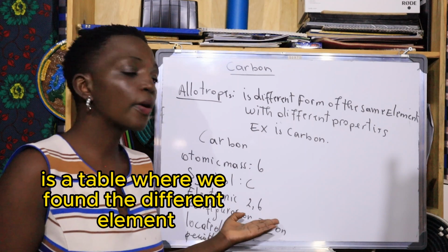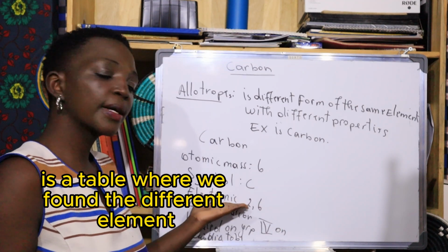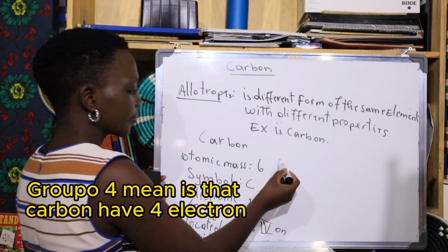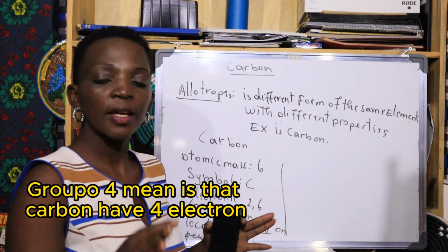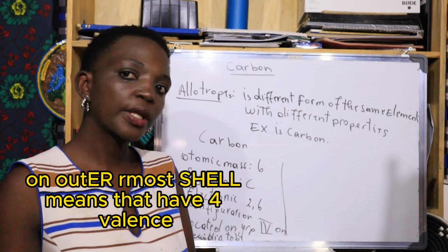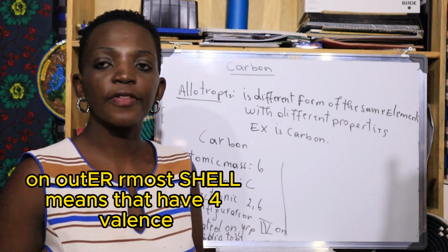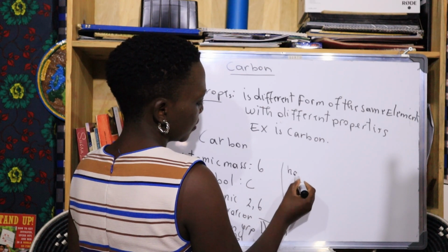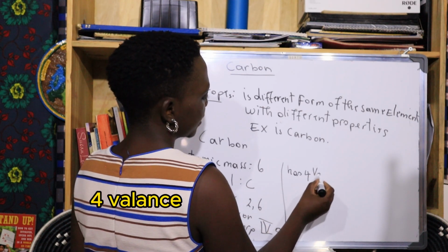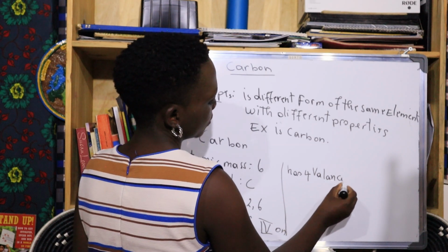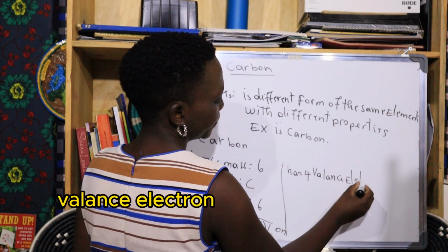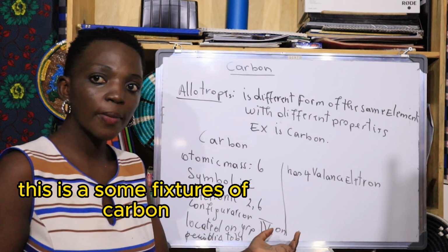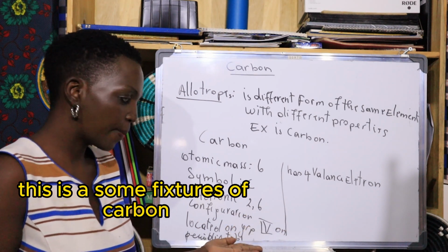The periodic table is a table where we find different elements, where carbon is in group 4. This means that carbon has 4 electrons in its outermost shell, which means it has 4 valence electrons. Yes, these are some features of carbon.